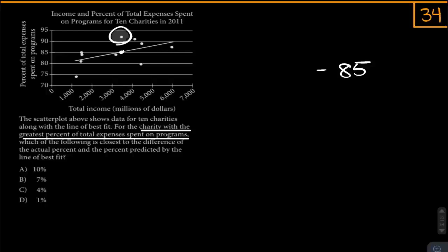Okay, what was this guy up here? Well, it looks like 92, right? Around there. And if you actually go and find their difference, right? Subtract them, you get the difference here, how far off this line of best fit is from the actual value, 7%, right? I mean, this is 92 minus 85 is 7, and so 7% would be your answer here.